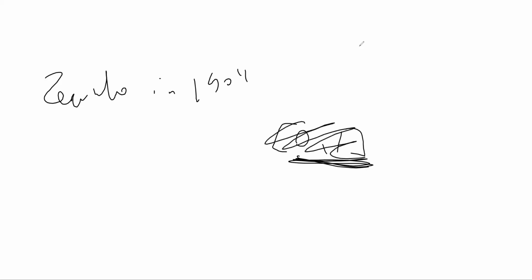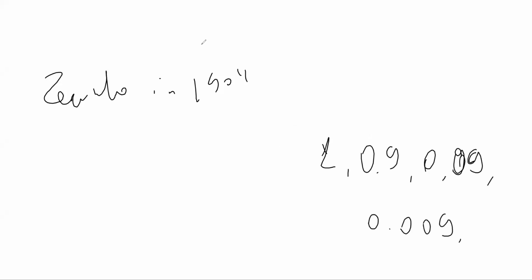So it's really hard to well order, for example, a set that looks like 1, then 0.9, 0.09, 0.009, and so on, and I'll never touch 0.